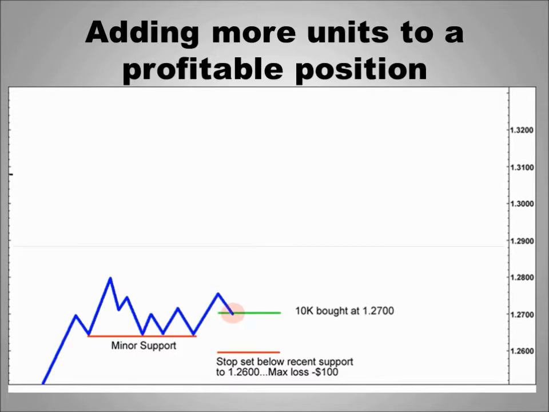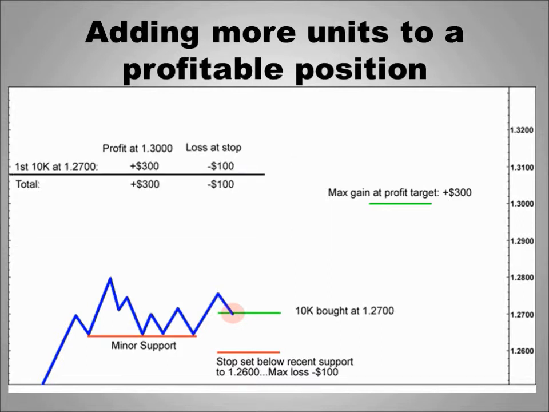So let's see what happens. Well, we bought 100,000 units at the level of 1.27, and we set our target at the 1.3 level, giving us a possible profit of $300.